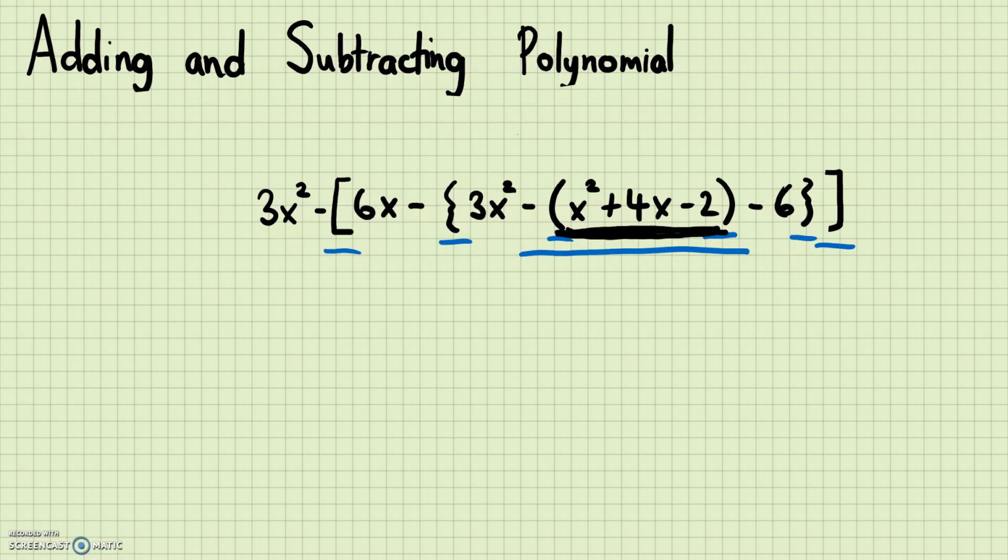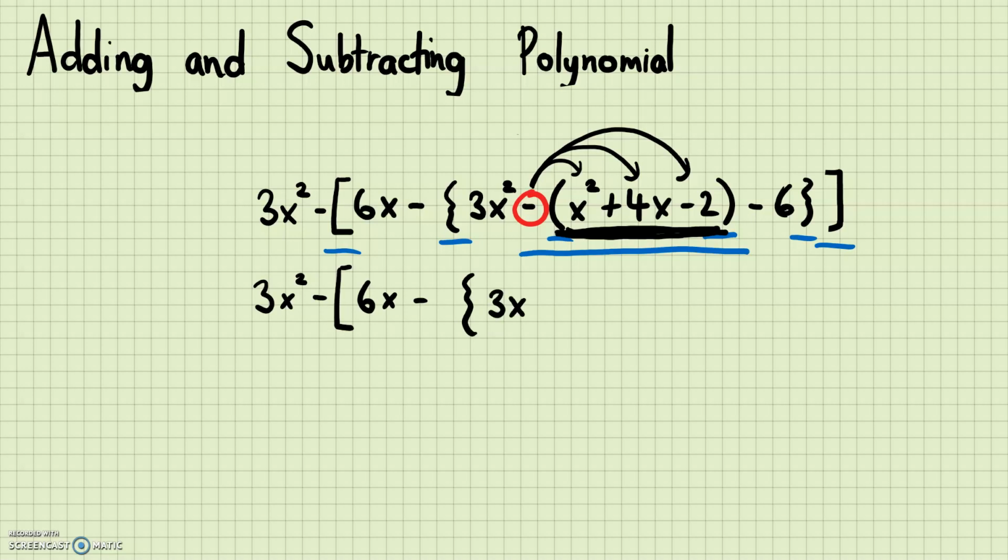If you see to the front, there's a negative sign that's being multiplied here. All right, so we'll need to distribute the negative sign to each of the terms in here. So that would be, let's write the outside terms the same, 3x squared, and then now we're distributing the negative sign. Negative x squared minus 4x plus 2 minus 6.